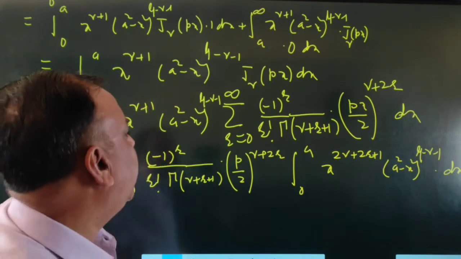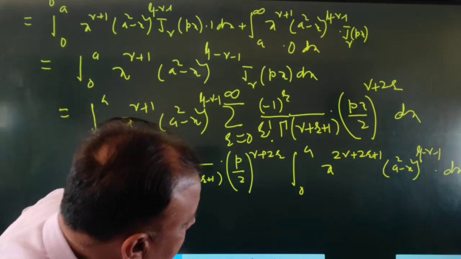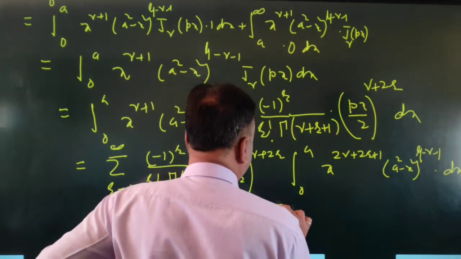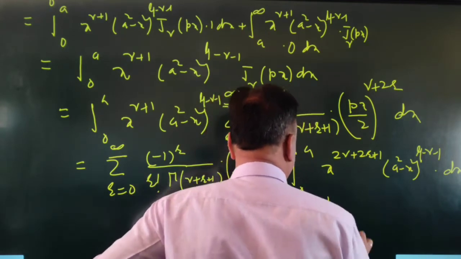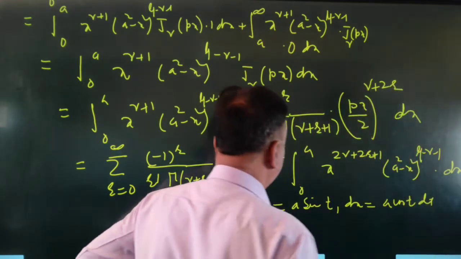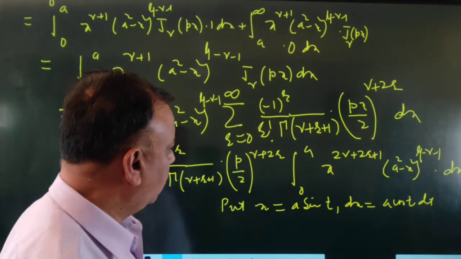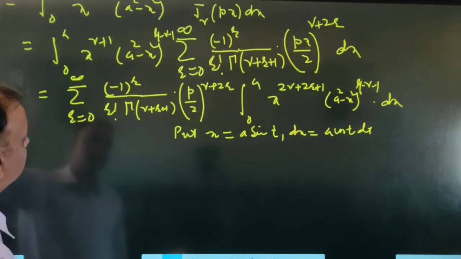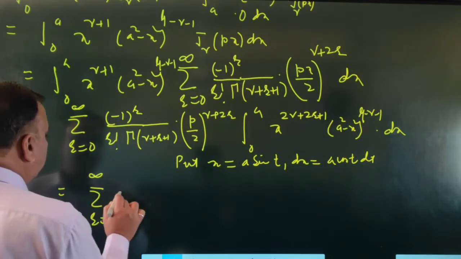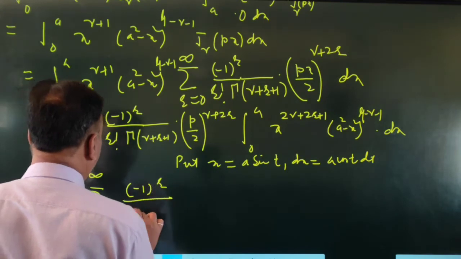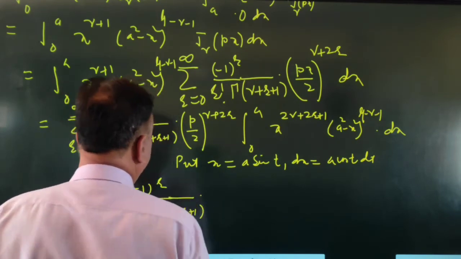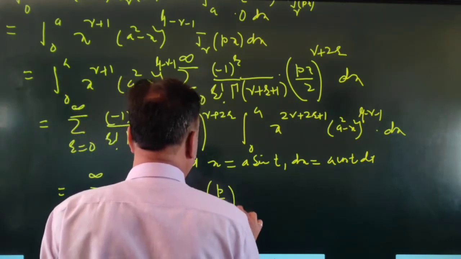Now to evaluate the integral, we substitute x equals a sin t, then dx equals a cos t dt, and the limits are from 0 to pi by 2. So we get the summation r equals 0 to infinity of minus 1 raised to r, over factorial r gamma of nu plus r plus 1, (p by 2) raised to nu plus 2r.